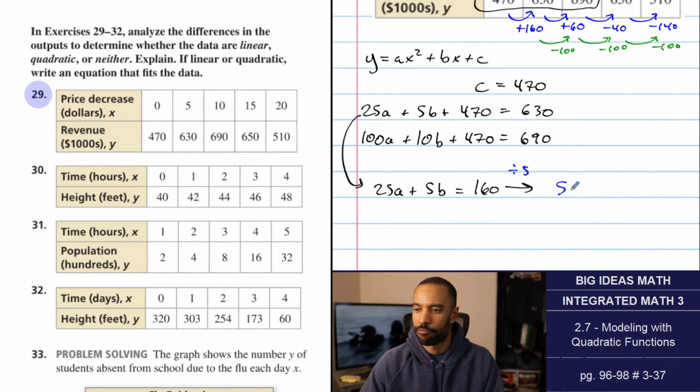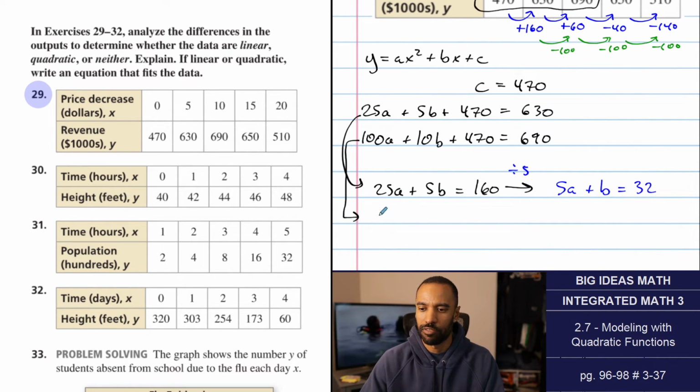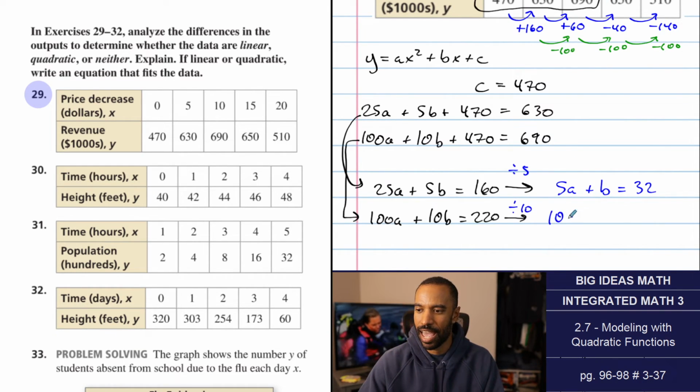Divide by 5, we get 5a plus b equals 32. Now on this other equation, let's divide by 10 after. 100a plus 10b equals 220. Now as I divide by 10, we're going to get 10a plus b equals 22.